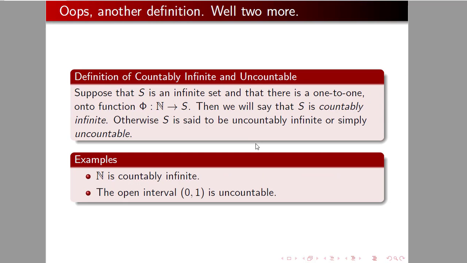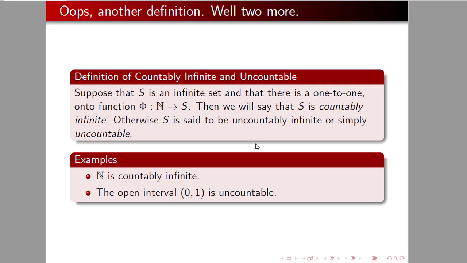And oops, I'm afraid we have another definition. Well, two more definitions. The definition of countably infinite and uncountable. Suppose that S is an infinite set, and that there is a one-to-one onto function phi from the natural numbers to S. Then we will say that S is countably infinite.